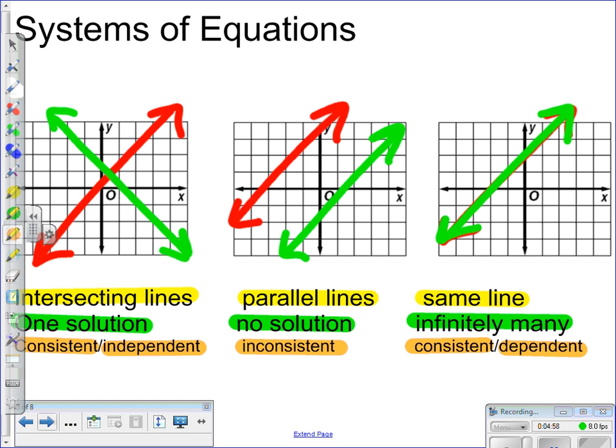So these are the three options that we have when graphing systems of equations. We will have one solution with the point at the intersection. We will have no solution if the lines are parallel. And we will have infinitely many solutions if the lines are the same.